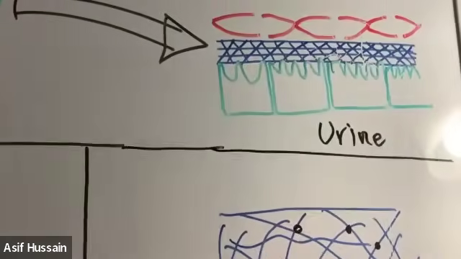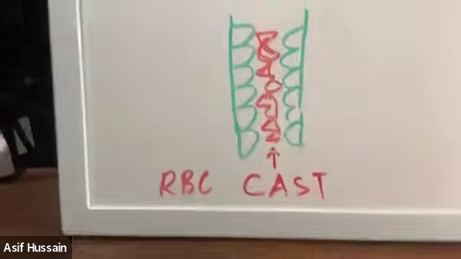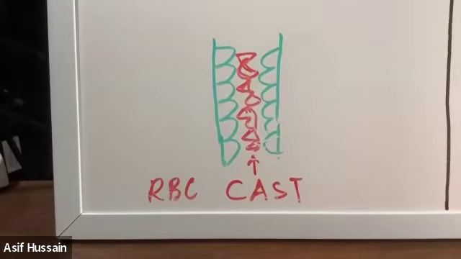That physical rupture of the Bowman's space and the basal membrane and collagen can happen due to one of three reasons. Either there is inflammation in the glomerulus that will cause damage to the capillaries and rupture the capillaries because of inflammatory damage. Second mechanism is very high pressure.